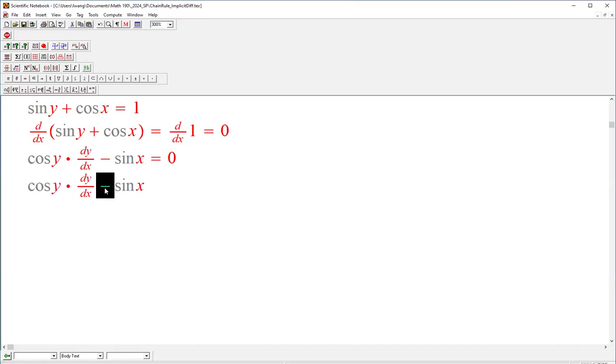Adding sine x on both sides, so we get that. So what's dy dx? Dy dx equals sine x over cosine y. And the first order derivative is found.